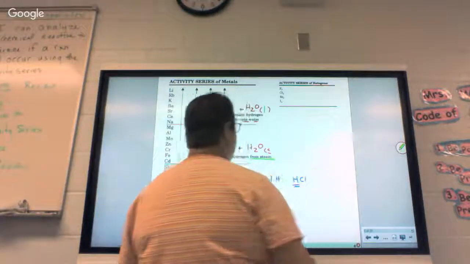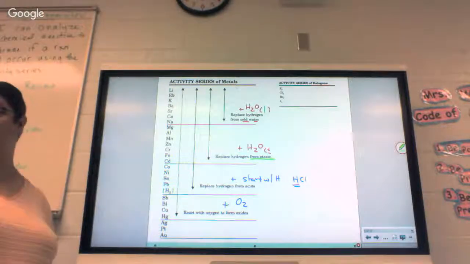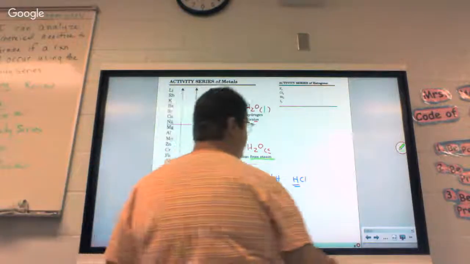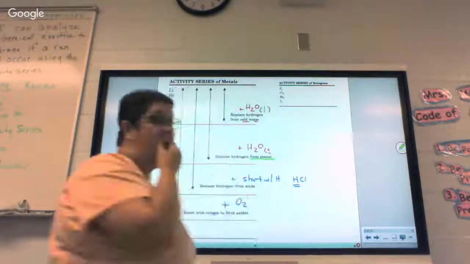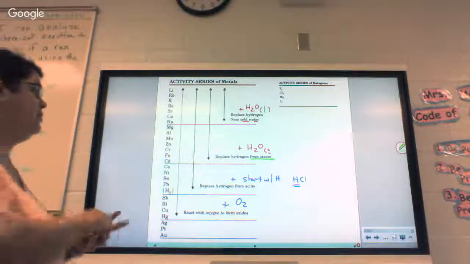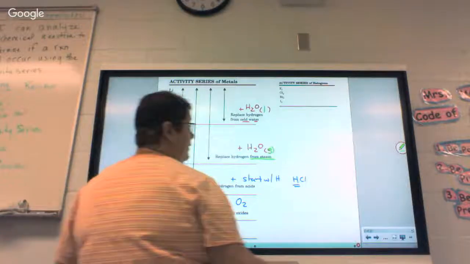Just a thought if you're struggling to memorize your acids. Nitric is nitrate, sulfuric is sulfate, phosphoric is phosphate. Oh, I just accidentally erased that when I was talking about the acid.